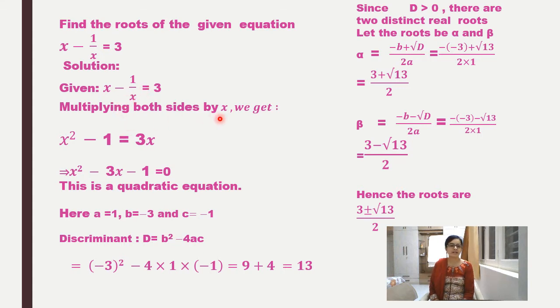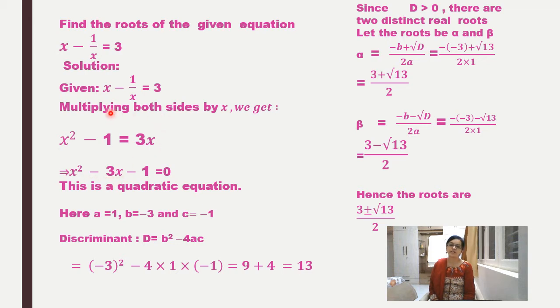And finally in RHS, you will have 3 into x because you are multiplying both sides with x. Now transpose 3x to LHS, you get minus 3x. And here is the quadratic equation ready. That is x squared minus 3x minus 1 is equal to 0.